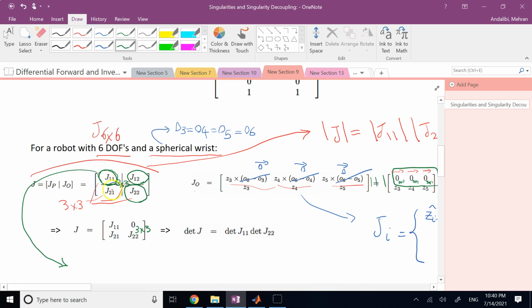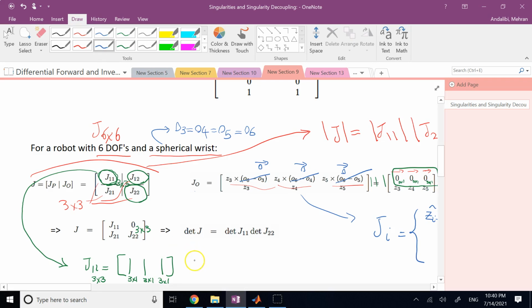So what's each column in that J11, correct? This J11 has 3 columns. Each one of these columns is a 3 by 1. What's the meaning of each one of these columns?